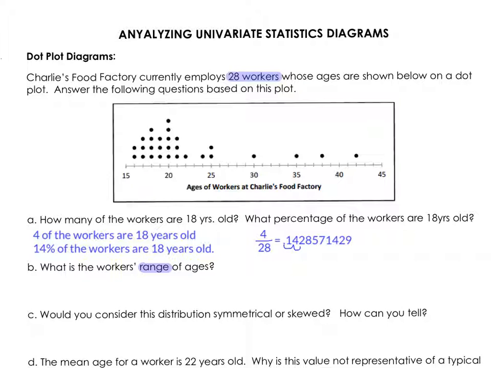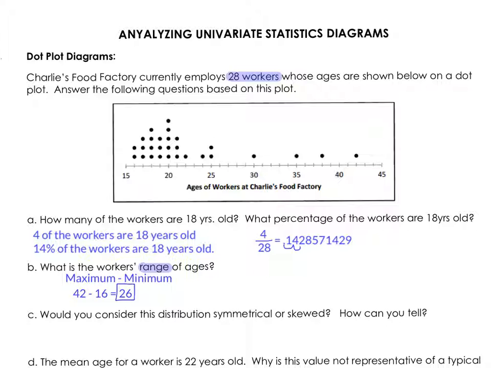To figure that out, I need to subtract the maximum minus the minimum. The maximum age that I see is over here, which is 42 years old, and the minimum is 16. So my range is from 16 to 42, but I want to represent that as one number. So I do 42 minus 16, and my answer is 26.